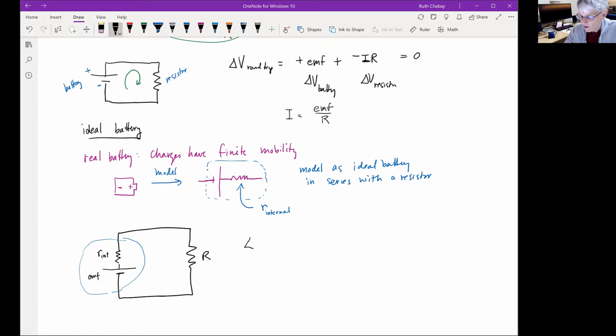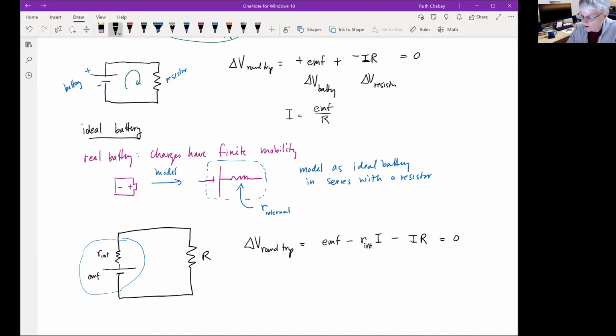And so a better loop equation would be delta V round trip is equal to the EMF minus the internal resistance of the battery times the current. That's essentially a potential drop. Some of the energy of the battery gets used up to just get those charges through the battery, minus the current times the resistance of the resistor equals 0.